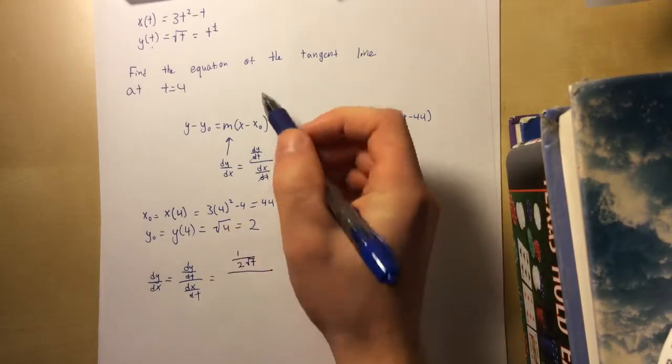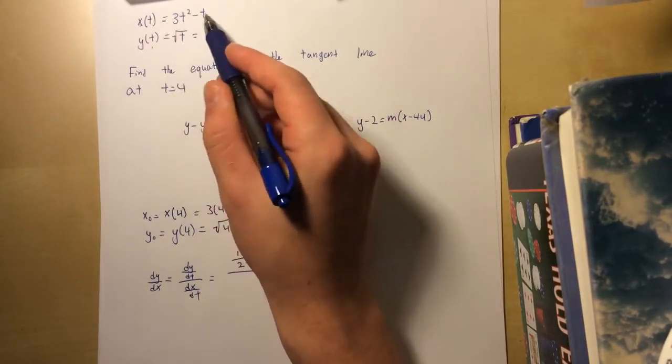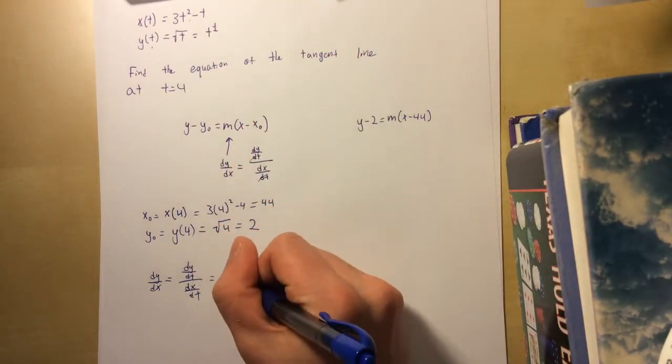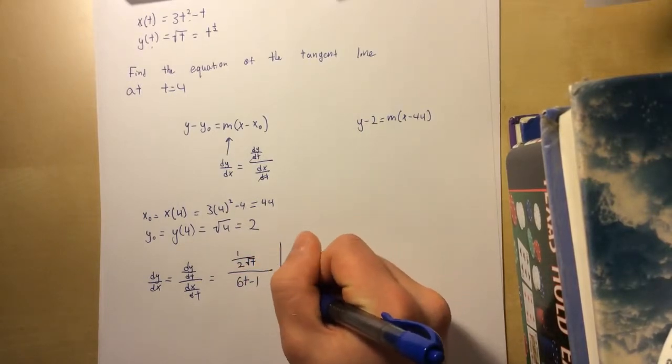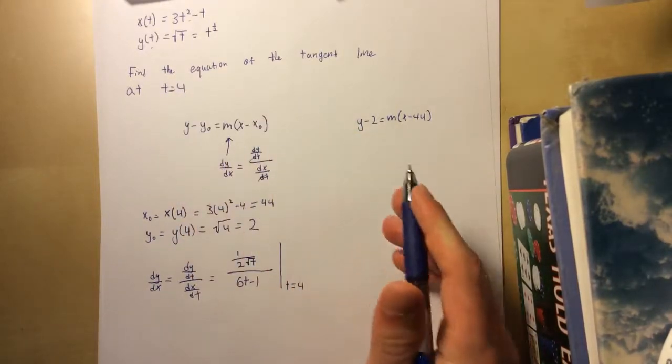Divide that by the derivative of x with respect to t. X is over here, so the derivative of that is going to be 16 minus 1. And we're going to be evaluating that at t equals 4, because that's our point of interest.